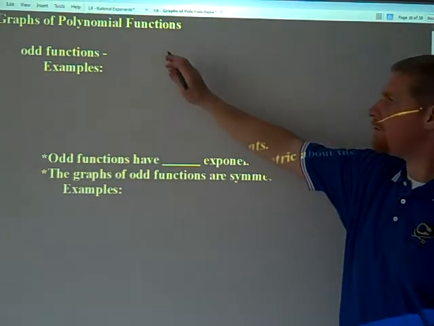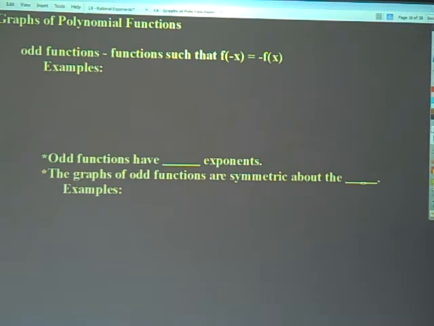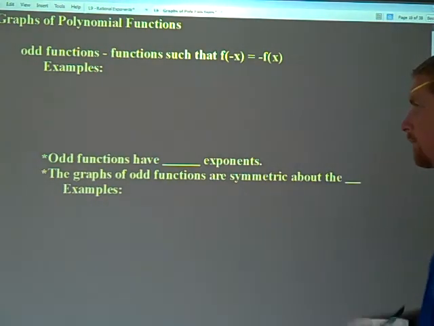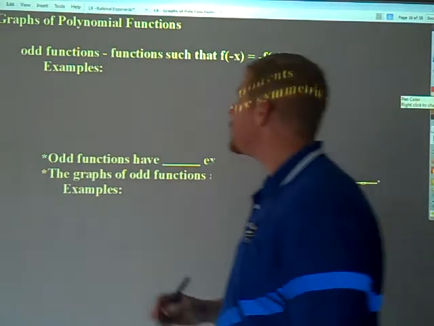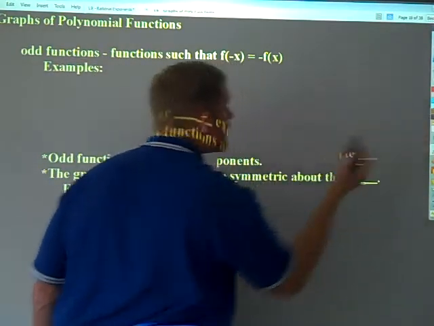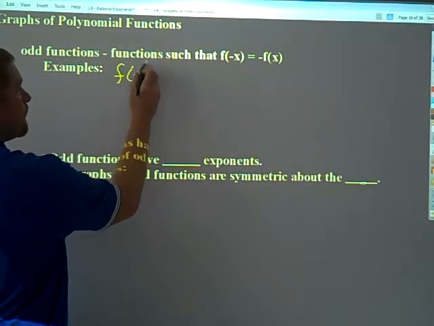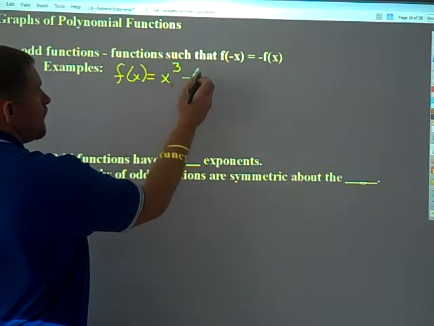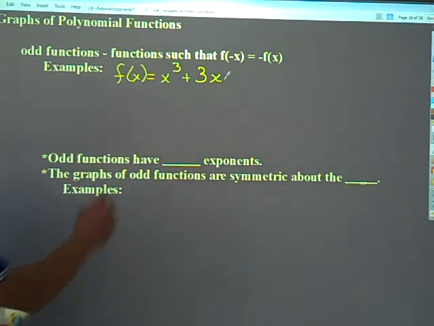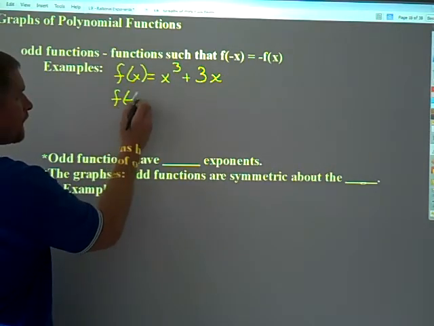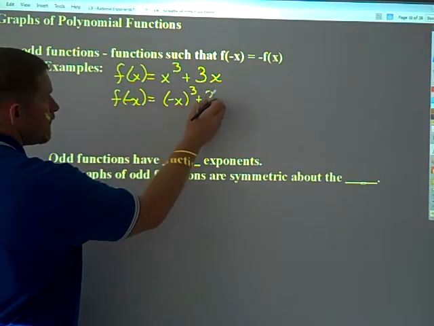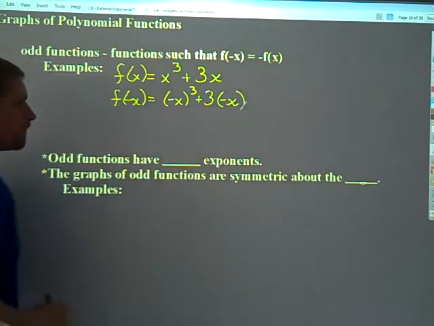All right, odd functions. These are functions such that f of negative x gives you the opposite of f of x. For example, if we have f of x equals x cubed plus 3x, substituting in f of negative x, we get negative x cubed plus 3 times negative x.